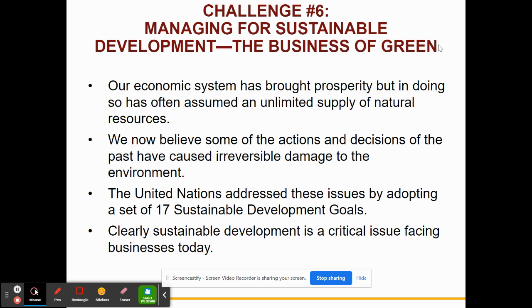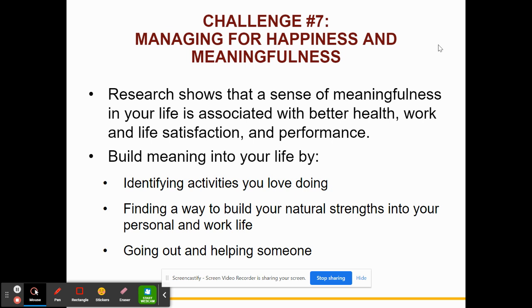And in a society and culture where it's about making the most profit, especially in the US, businesses sometimes still rely on cheaper natural resources because they're available at a lower rate than making that pivot to going green. So it's a balancing act that has to be undertaken as a manager, and that's why it pops up here as a major challenge.